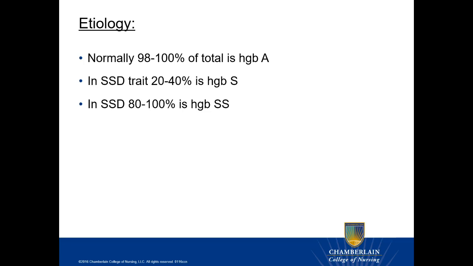They have a small amount of sickling hemoglobin, but generally don't have major problems. In sickle cell disease, however, because both genes are affected, we have the disease and we have issues with sickling.